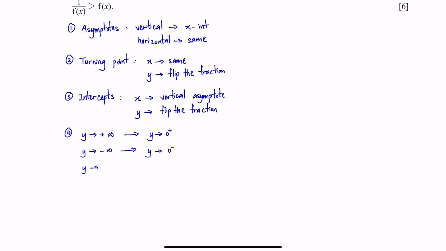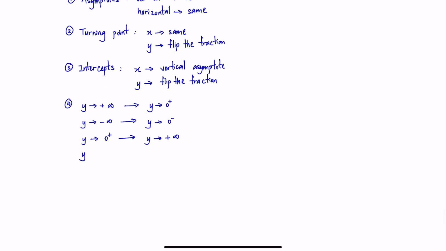And if y is approaching positive 0 in the y equals f(x) graph, it would be approaching positive infinity in the new graph. Similarly, when y is approaching negative 0, it will be approaching negative infinity in the new graph.